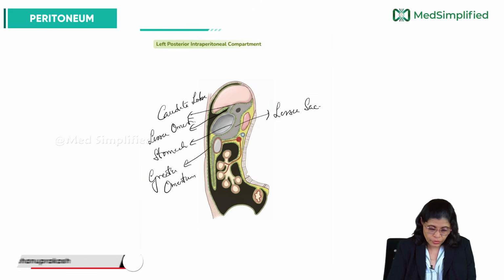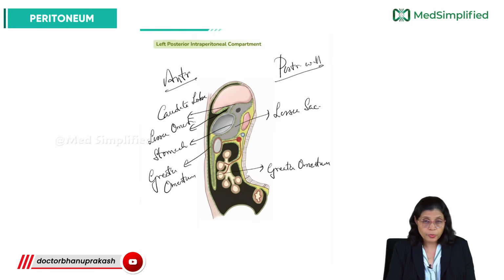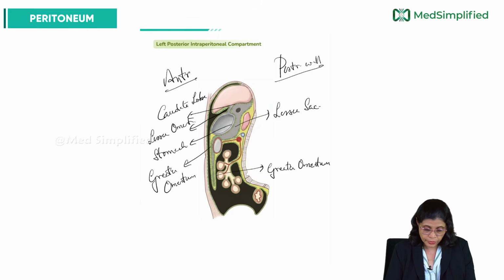So this is the anterior wall of the lesser sac, and posterior wall when we see here. The posterior wall, when we go from below upwards, is formed by the posterior two layers of greater omentum and the structures forming the stomach bed.